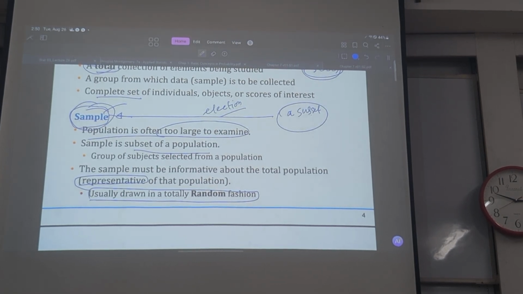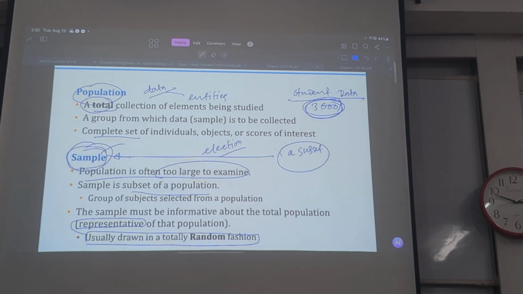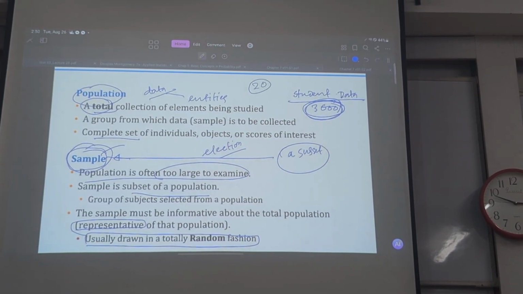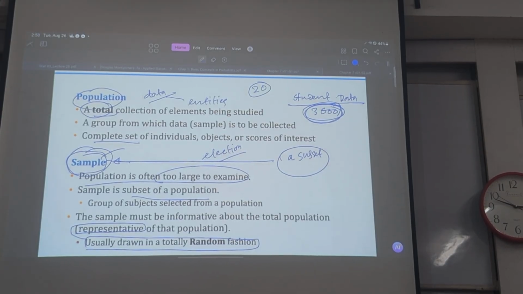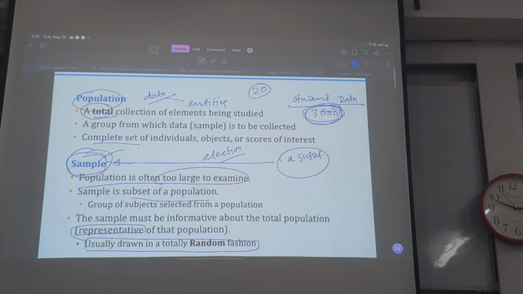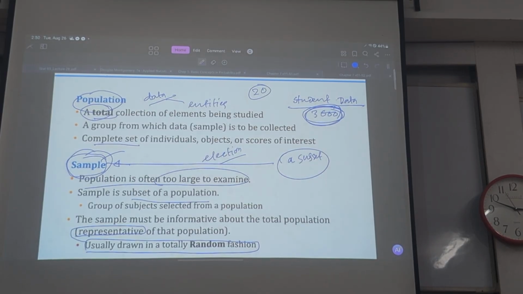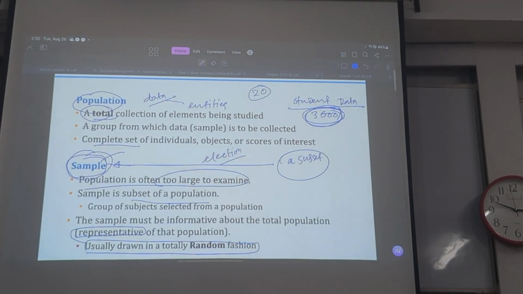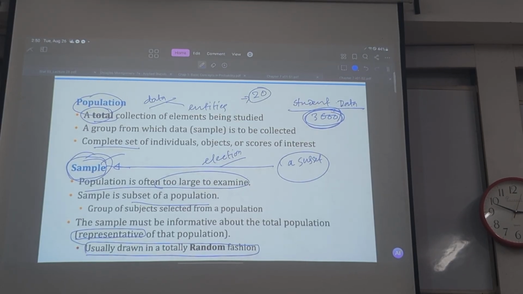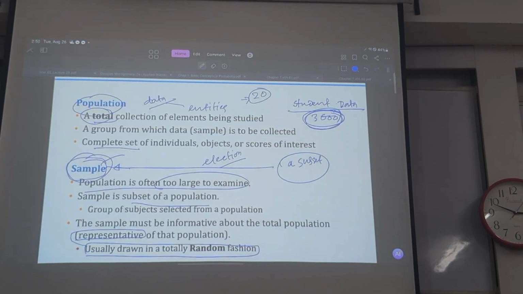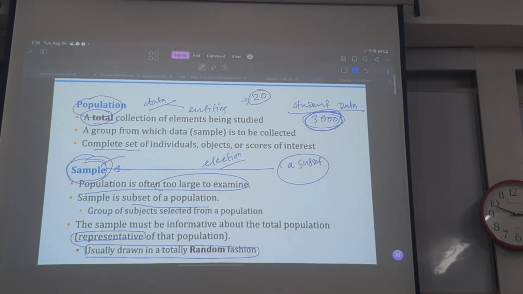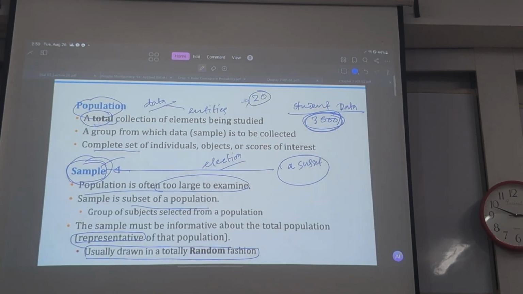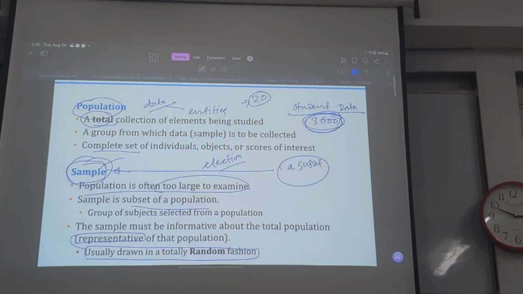For example, among these 3,000 students of IUP, if a sample of 20 students is collected, and all 20 students represent the host country, then this is not good, because it will miss much information. Even if you collect this information from 20 Cameroon students, this sample is still not a good one. So what should it do? It should have at least one person from each category, and also maintain the proportion.